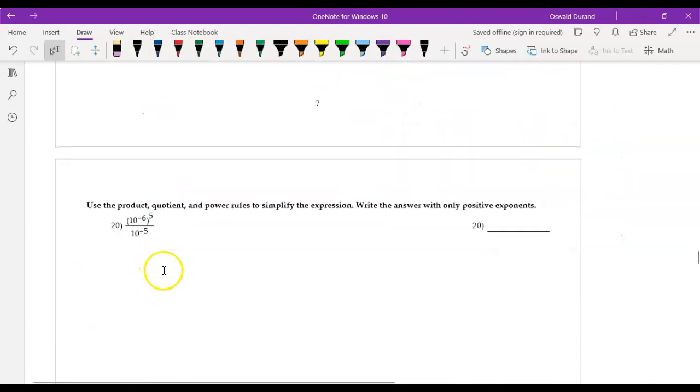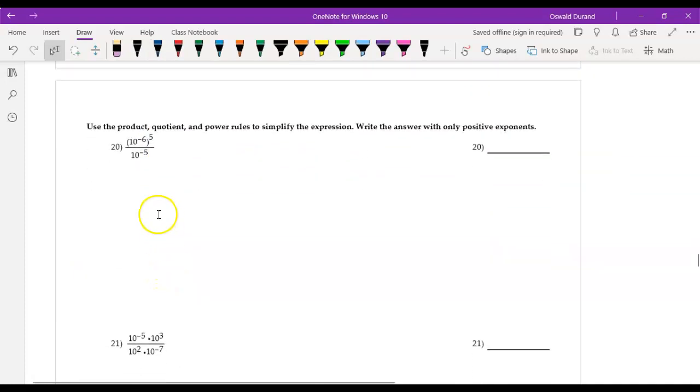very good. All right, so now the next set of problems, we are doing a combination of the product rule, quotient, and power rules, right? But we want our answer to be positive exponents. So here we're going to use the product rule. On top here is going to be 10, and -6 times 5 is 10 to the power of -30, right? And then you have 10 to the power of -5.